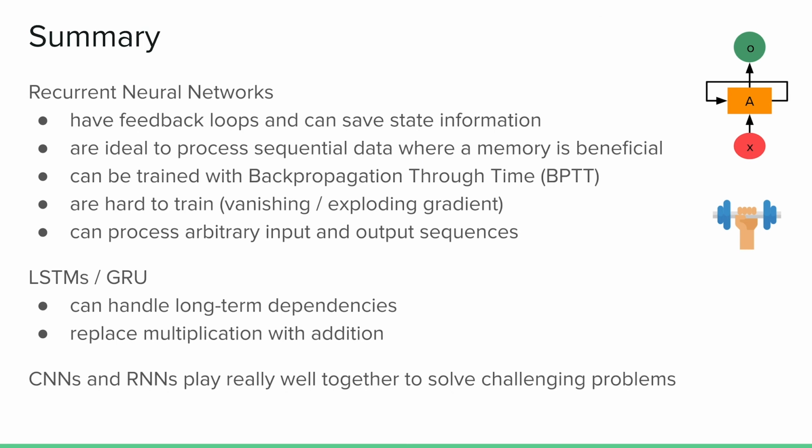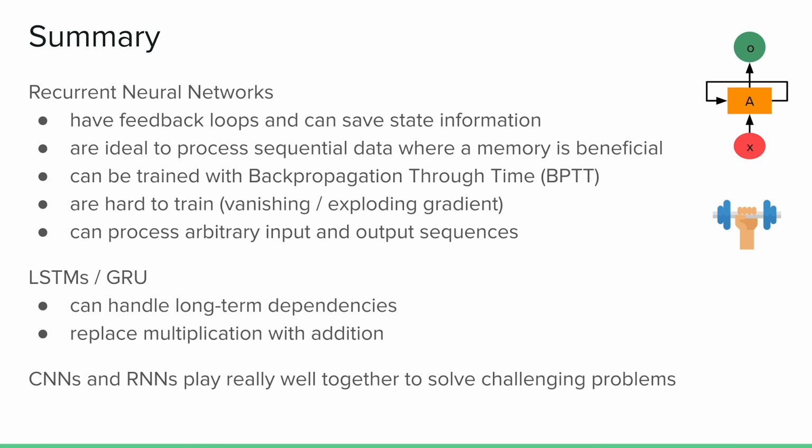So, summing up, recurrent neural networks have feedback loops as opposed to feedforward networks, and therefore have the capability to store state information and reuse that in the next time step. They're ideal to process sequential data where this memory of previous information is beneficial. They can be trained with backpropagation through time, which is basically just backpropagation on the unfolded computational graph.